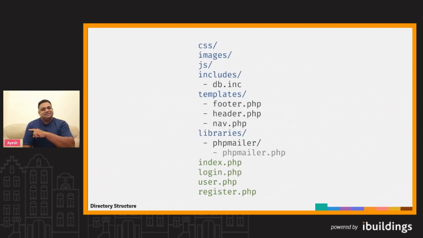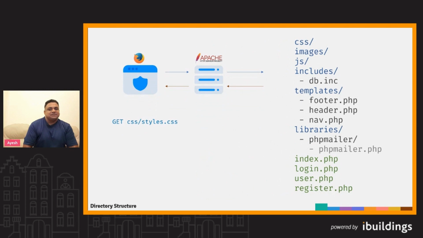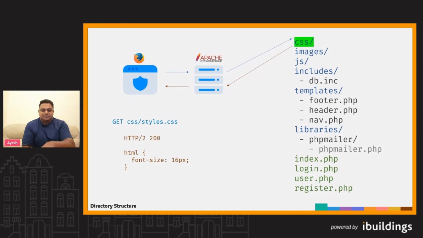Remember the file structure we had before? It looks like this. You have a browser that asks for a file, and the web server will go fetch this file. In this example, it's asking for the css/styles.css file.